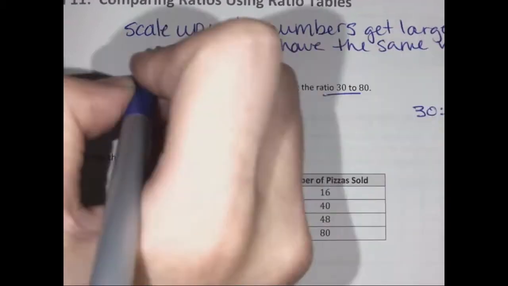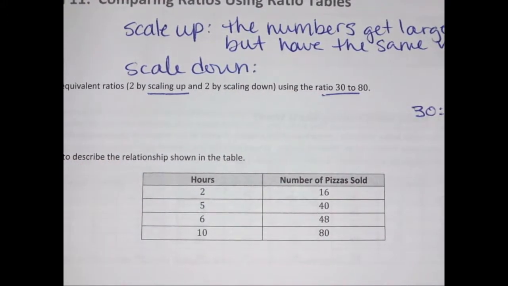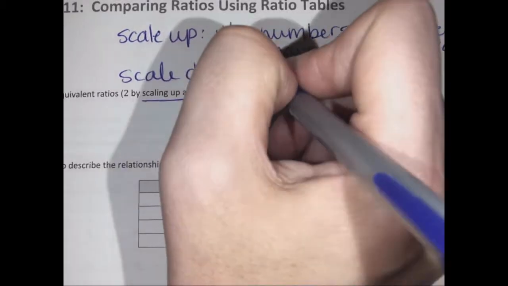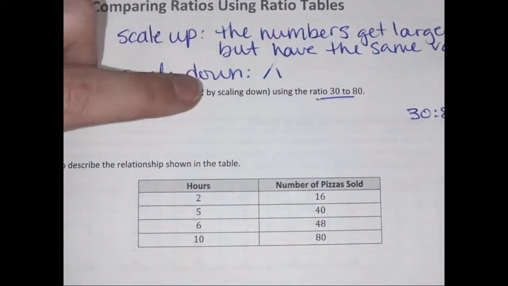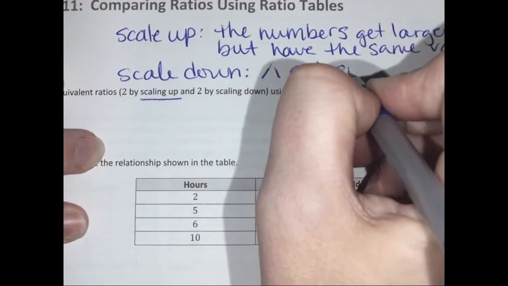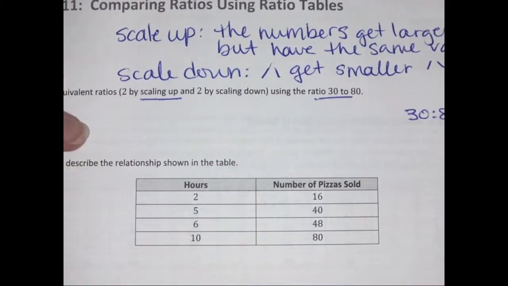So what do you think scale down means? Okay, Leah. Exactly. It's the same thing as what we wrote up here, except they get smaller but have the same value. Good.